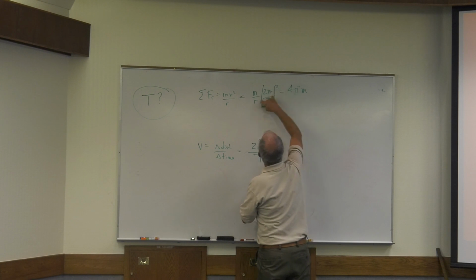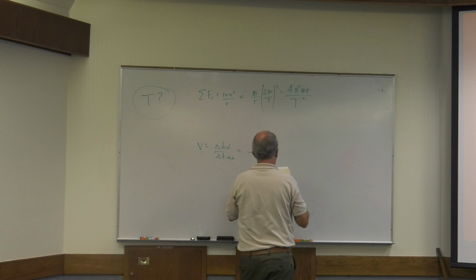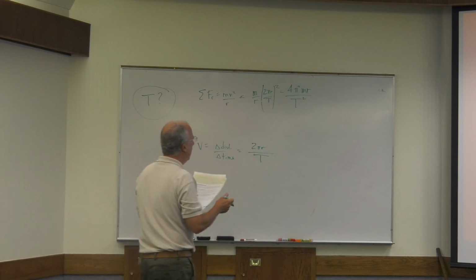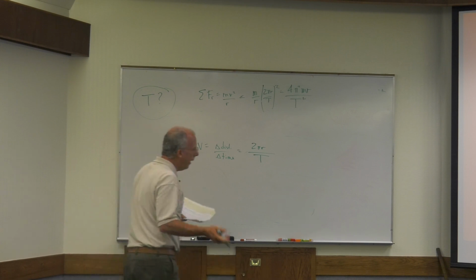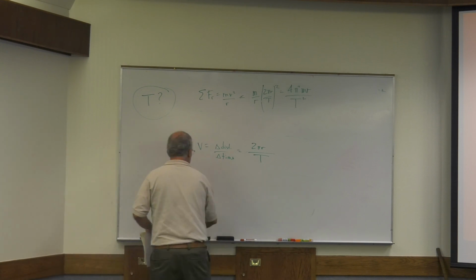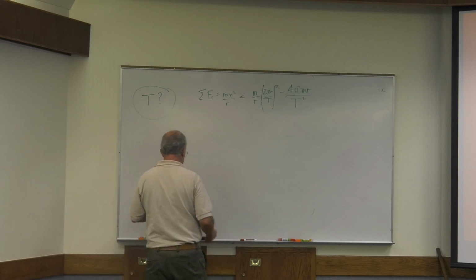Here's an r squared, here's an r, so we just get r over T squared. Again, you're not going to find that in a book. You just had to figure that out for yourself, and that's okay. We should be kind of used to doing that by now. All right, so we figured it out for ourselves.